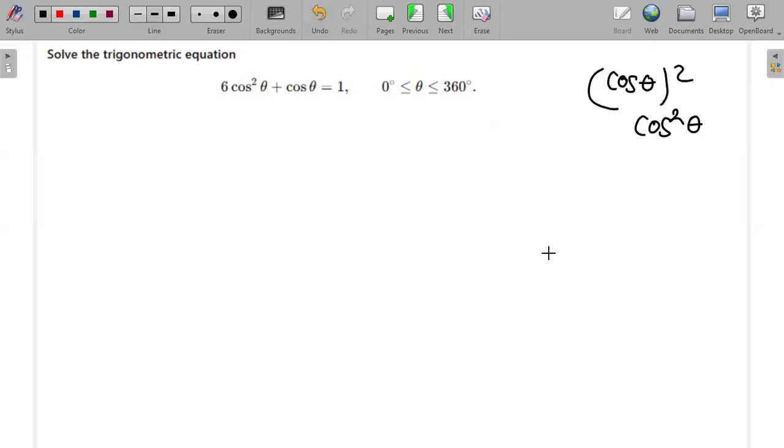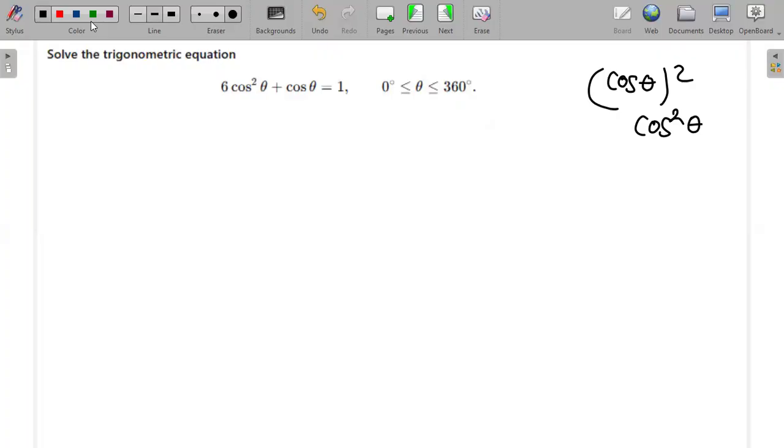Okay, all right, so when solving trig equations and you have a trig ratio that is squared, it means you have a quadratic trig equation.